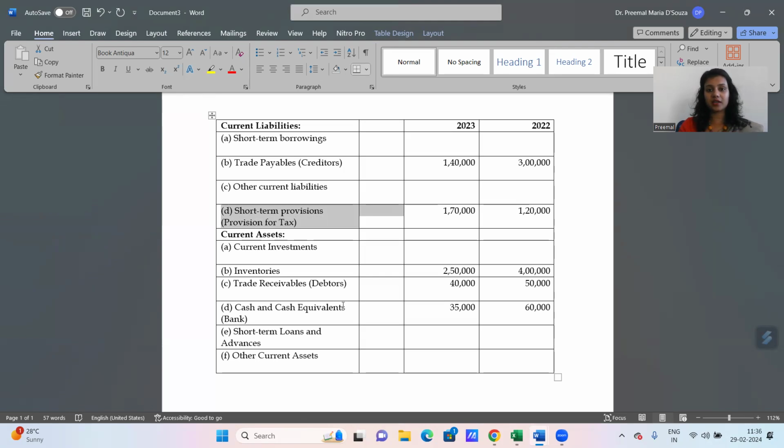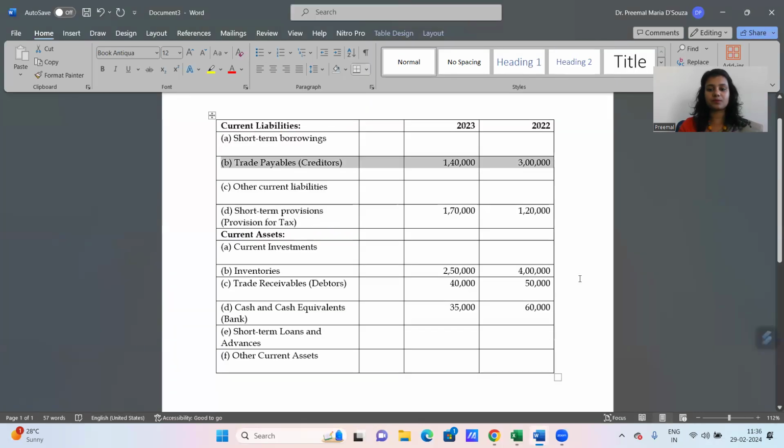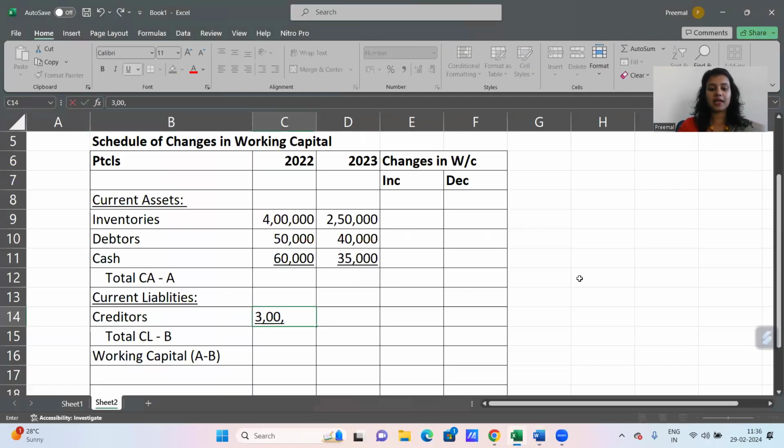Since this is a non-current item, it will not appear in the schedule of changes in working capital. So we will only be considering the value of creditors in this problem. So under current liabilities, mention creditors and copy down the values, 3 lakh and 1,40,000.